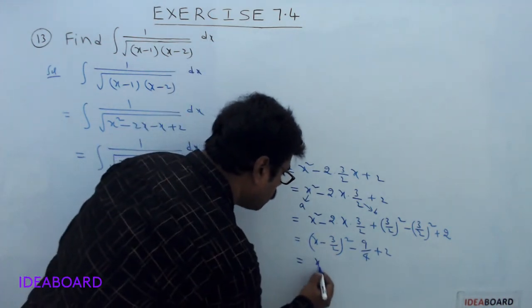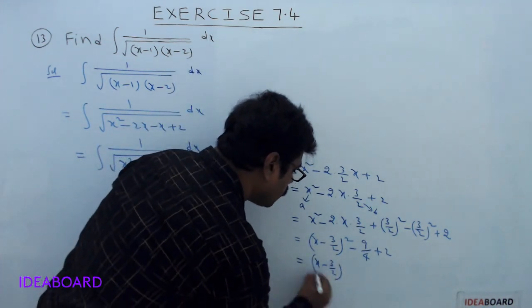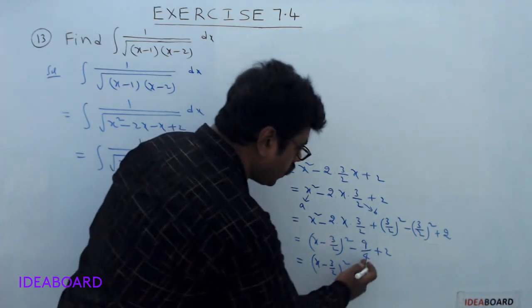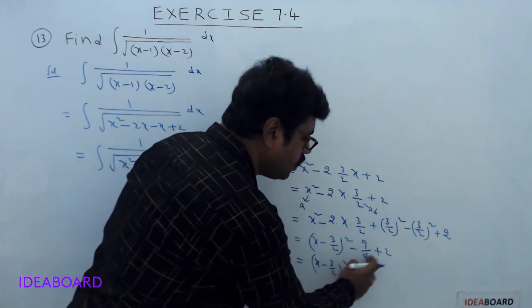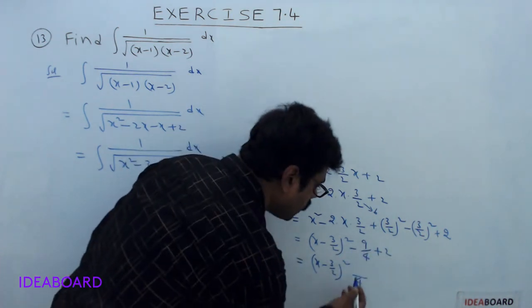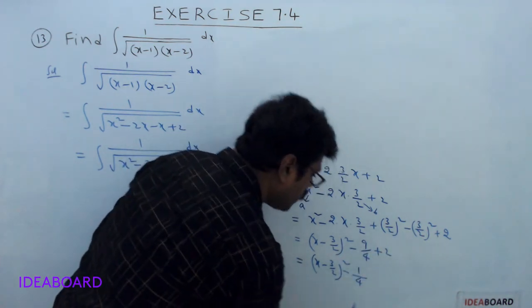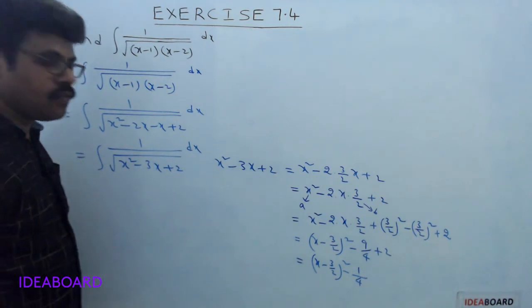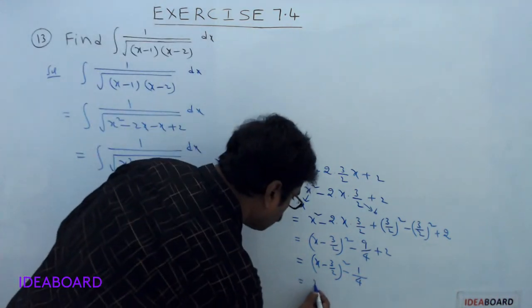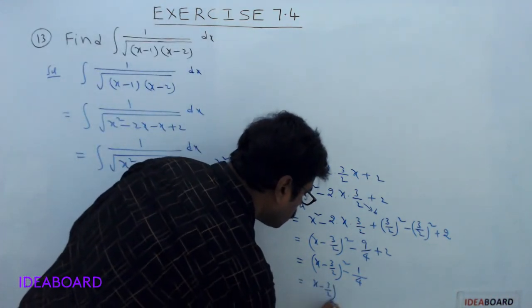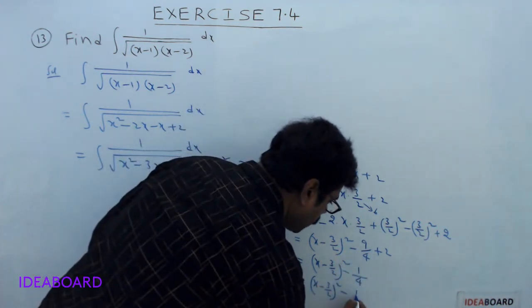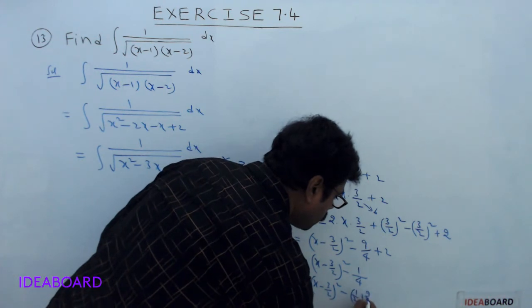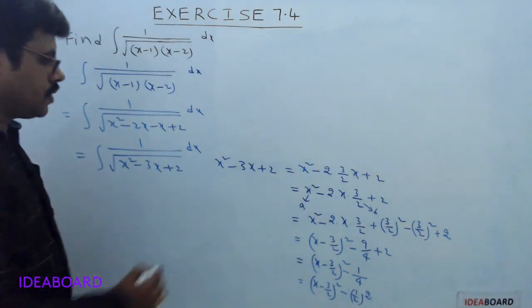Now this is equal to (x minus 3 by 2) whole square. What is the LCM? 4. This is minus 9 plus 8, it will be minus 1. So minus 1 divided by 4. Now this is equal to (x minus 3 by 2) whole square minus 1 by 4, can be taken as 1 by 2 whole square.